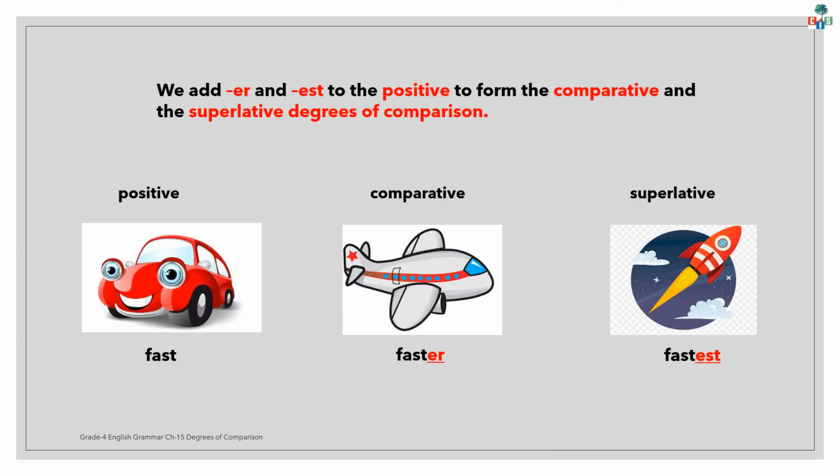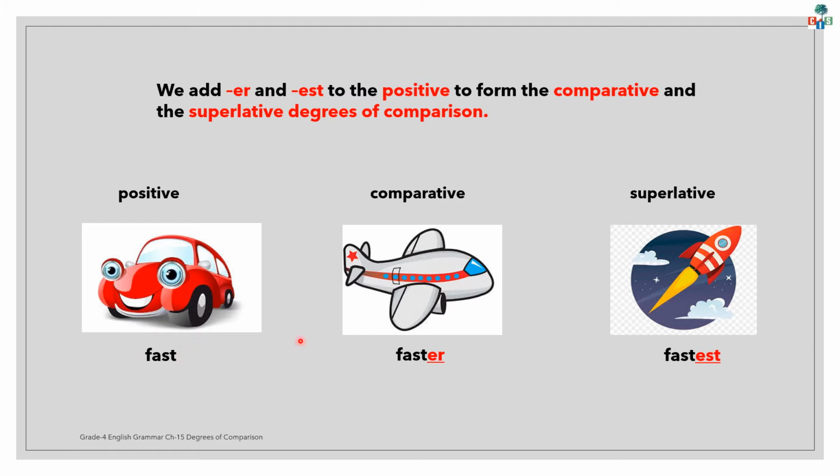Children, few things you have to keep in mind when you want to change the form of the comparative degree and the superlative degree. Let's see. We add ER and EST to the positive to form the comparative and the superlative degrees of comparison. For example, fast. This adjective is in the positive degree.